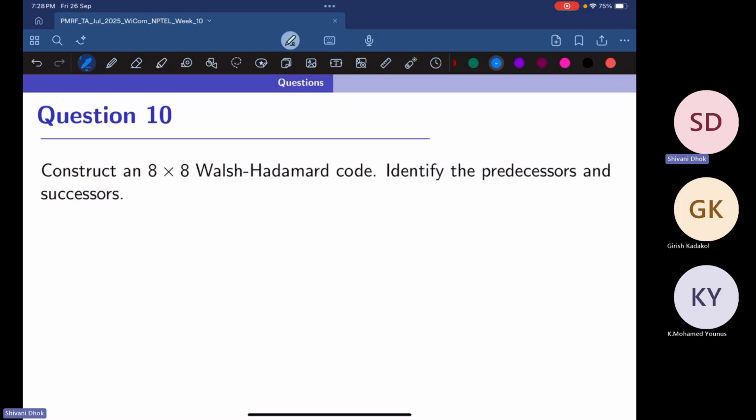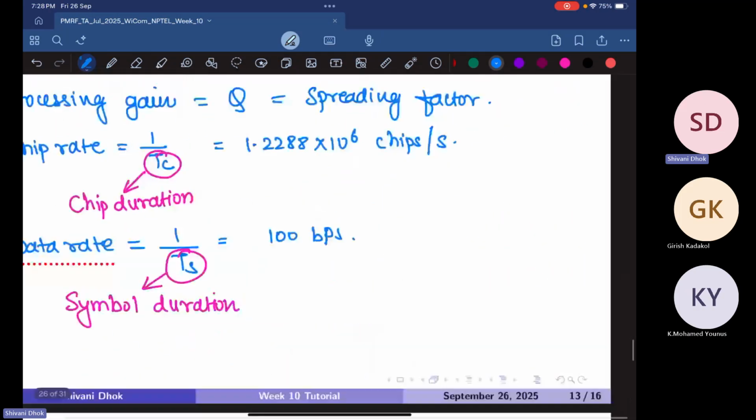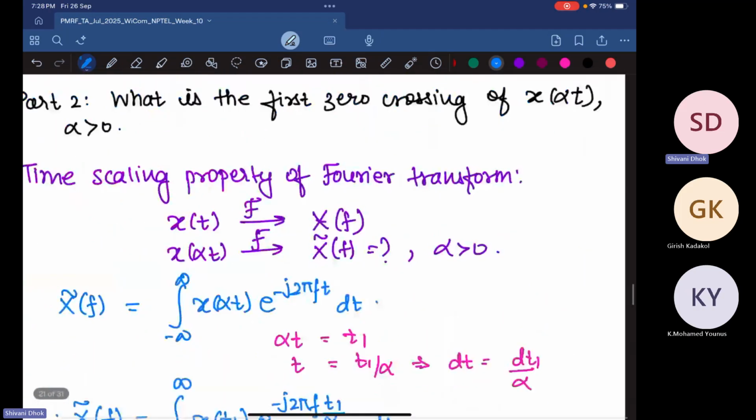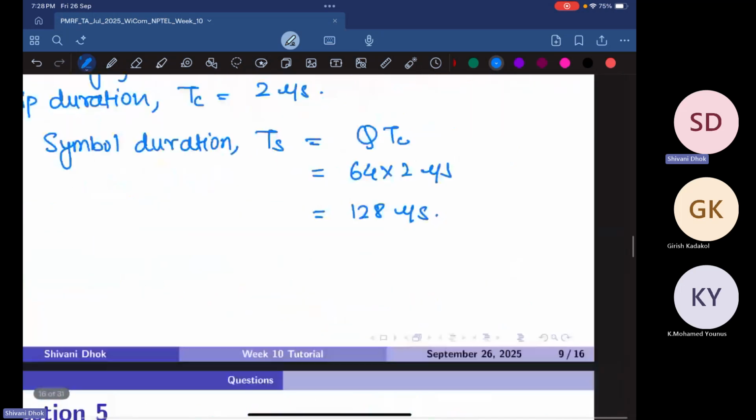So the next question is again a simple question. It says that construct an 8x8 Walsh-Hadamard code and identify the predecessors and successors. So first I'll just give how the Walsh-Hadamard code is constructed, and to identify the predecessors and successors we'll use this OVSF kind of structure.